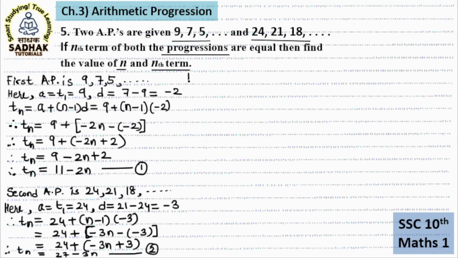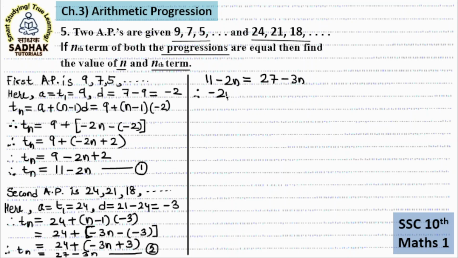Now from the given information, the Tn of the first AP and the Tn of the second AP are equal. So 11 minus 2n will be equal to 27 minus 3n. Let us write the terms with the variable on the left-hand side and the constant on the right-hand side.